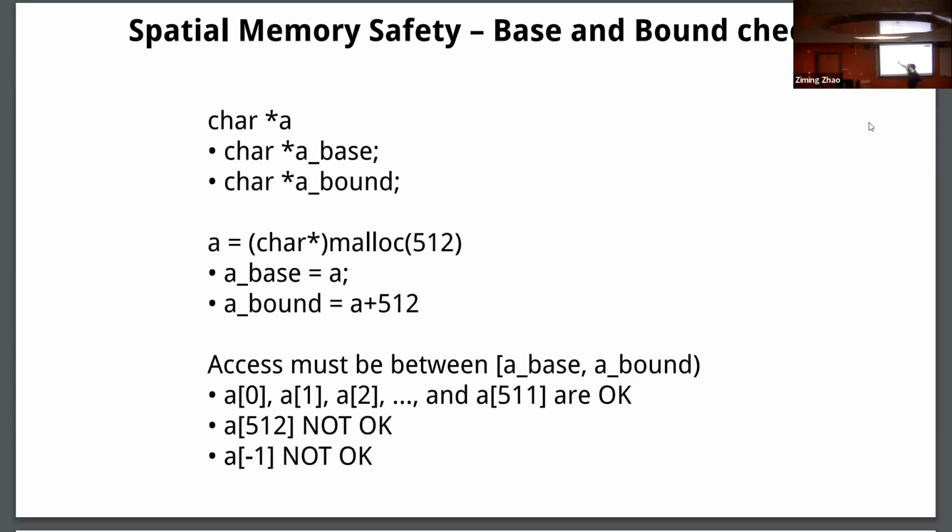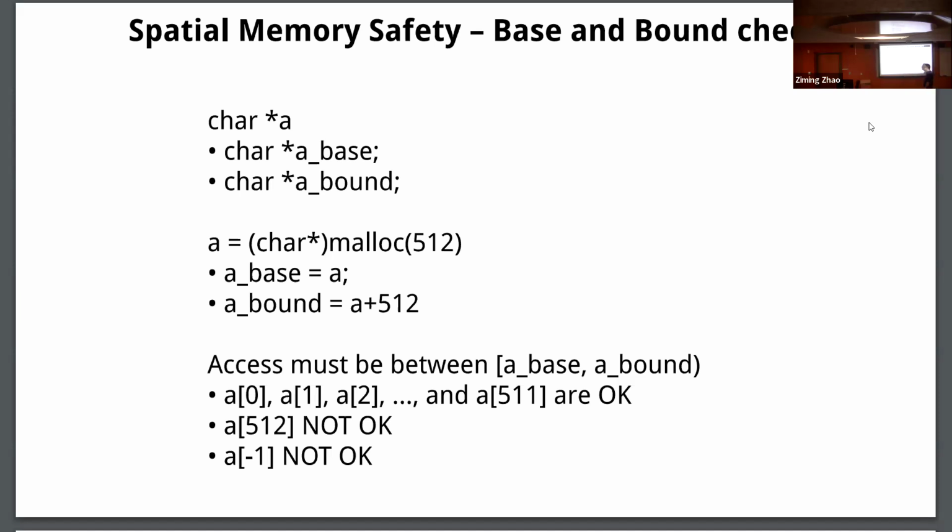The A base will be where A is, and in this case, the A bound will be A plus 512, because we only allocated 512 bytes. We should not be able to access beyond that, right? Then only access within this range will be allowed.